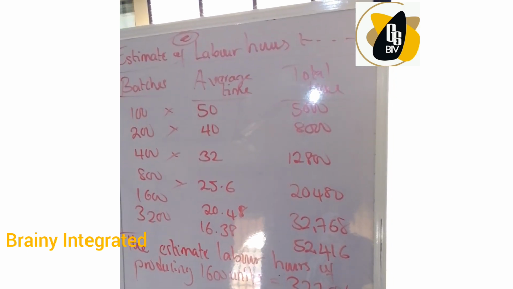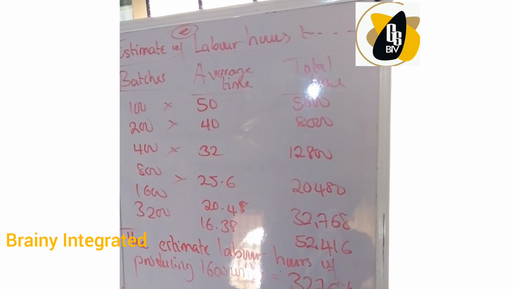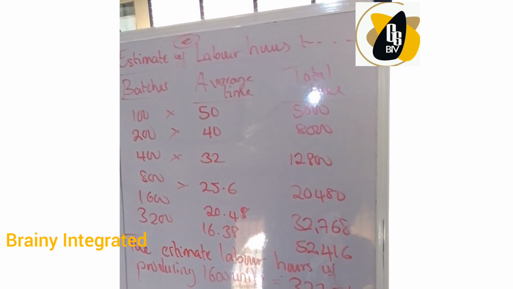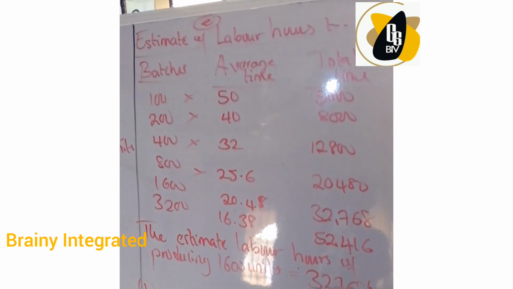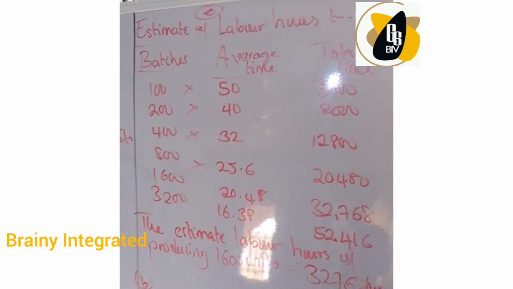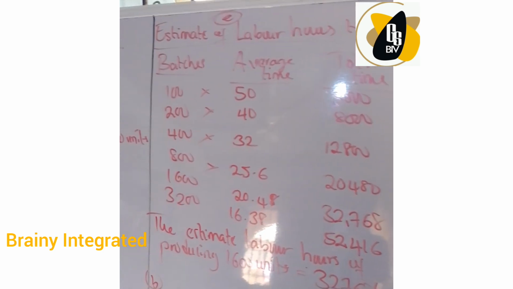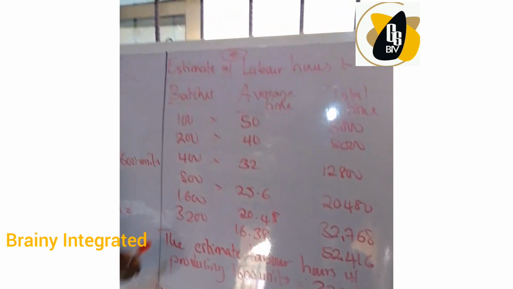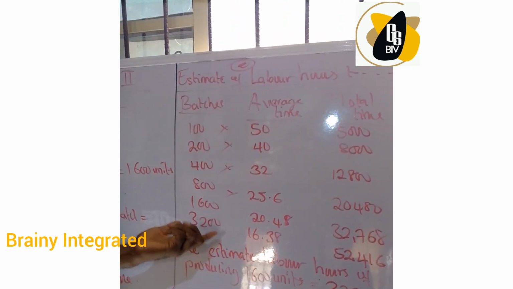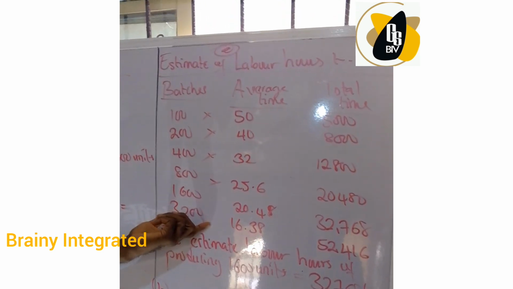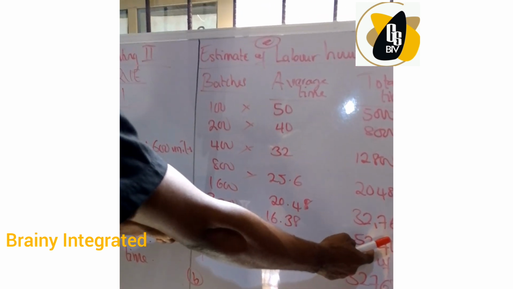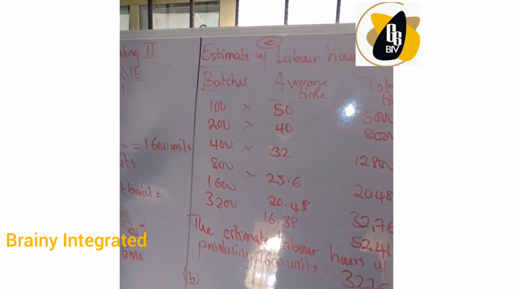Question B, we're asked, estimate the incremental hours of extending the production run of producing an additional 1600 units. Now, this is 1600. On the table, 1600 has a doubling effect. So when we double 1600, we have 3200. So we have the exact total time for the production of 3200.